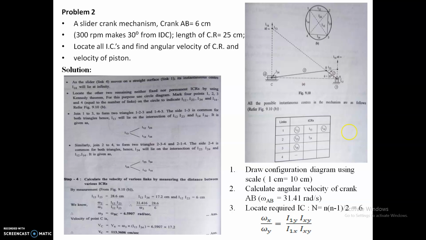For locating these 2 ICs, which come under the category of neither fixed nor permanent, it is not possible to locate them by observation, and you have to take the help of Kennedy's theorem. So what is Kennedy's theorem? According to Kennedy's theorem, if three bodies move relative to each other, then they have three instantaneous centers, and all these ICs lie on a straight line.